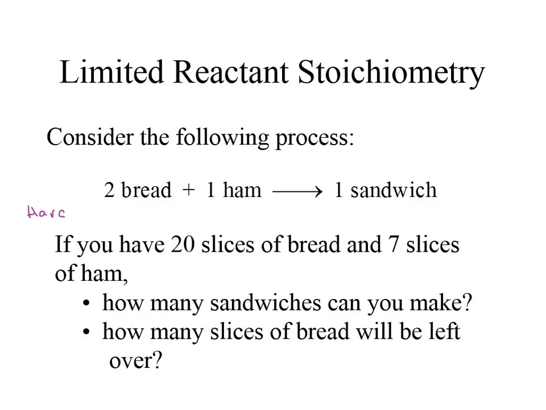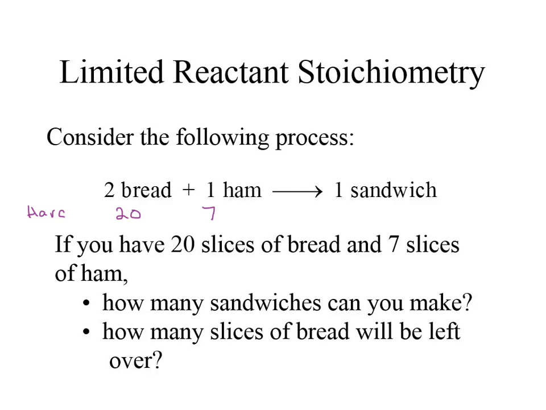If I write down my have amounts, I have 20 slices of bread and 7 slices of ham. Looks like if I go with the bread, I can make 10 sandwiches. And if I go with the ham, I can only make 7 sandwiches, right?